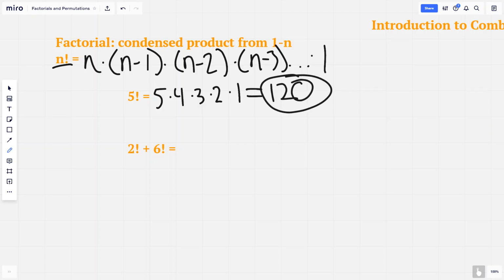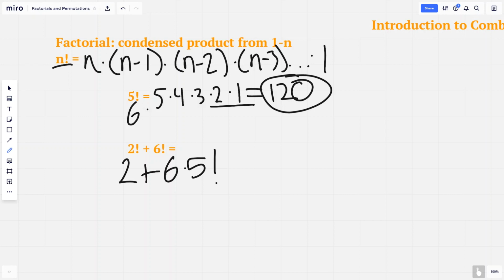And if we do addition with factorials, same thing, we calculate them individually, and then we can sum them together. So 2 factorial, that's just 2 times 1, so that's 2, plus 6 factorial. Now, what I'm going to do with 6 factorial is write it in a different way. I'm going to write it as 6 times 5 factorial. And the reason why we can do that is, if you think about what 6 factorial should be, you'll know that it should be 5 factorial with a 6 in front.